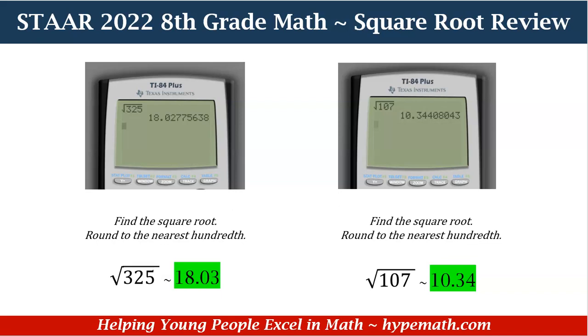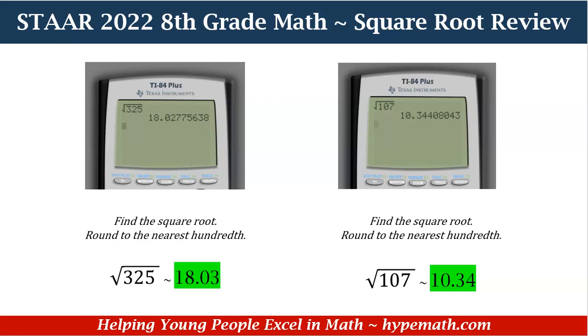When you look at the square root of 325, let's look at what the calculator says. It's 18.02775638. Obviously not a perfect square root, right? So since it said to round to the nearest hundredth, that's the second place behind the decimal, that's the 2.